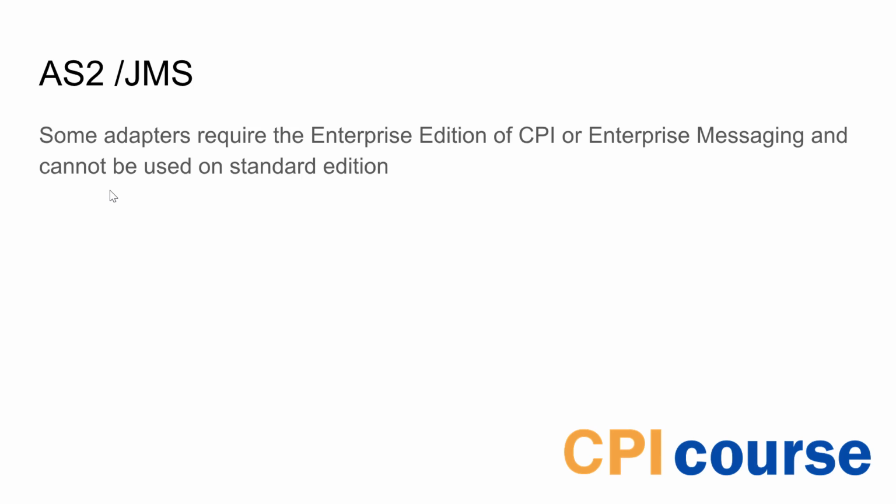If you want exactly once, so you want to make sure that the message is being delivered, you can use the JMS for that. And here you would either need the Enterprise Edition that comes with some form of messaging, or you need to buy the Enterprise messaging as a separate package from SAP to handle this.